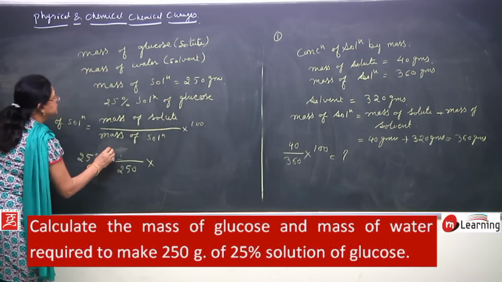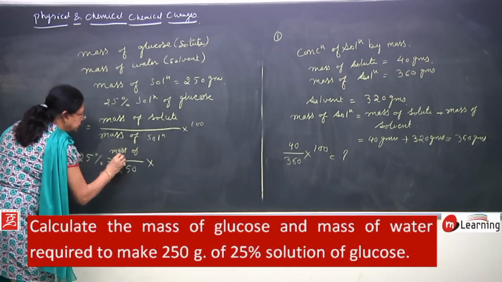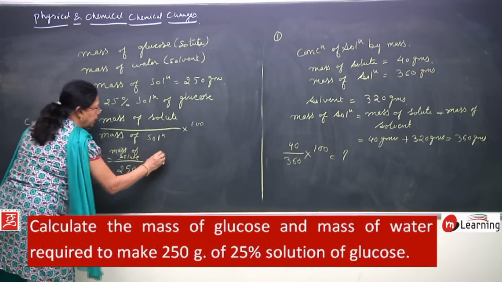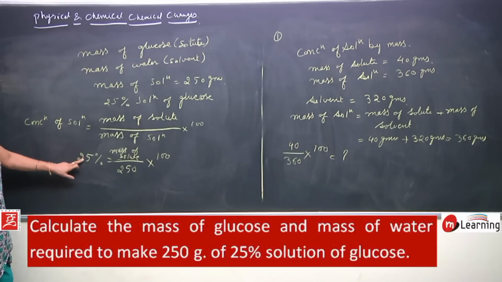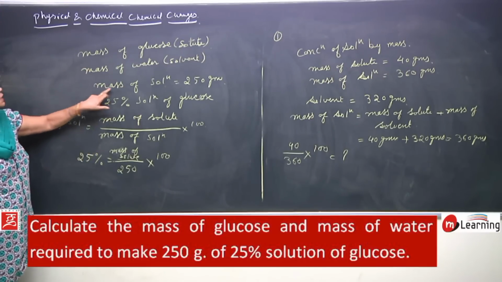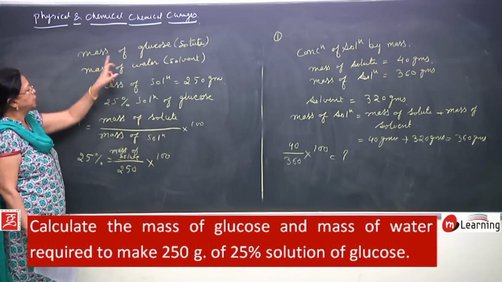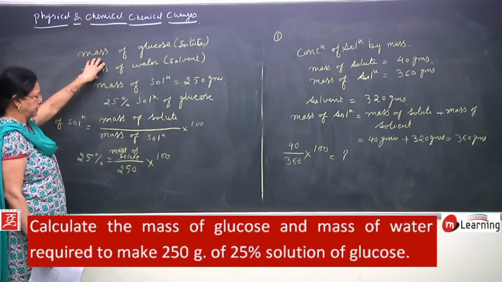What is this? This is mass of solute into 100. So, concentration of solution is given, that is 25%. Mass of solution is given, that is 250 grams. You have to find out mass of solute and mass of solvent.